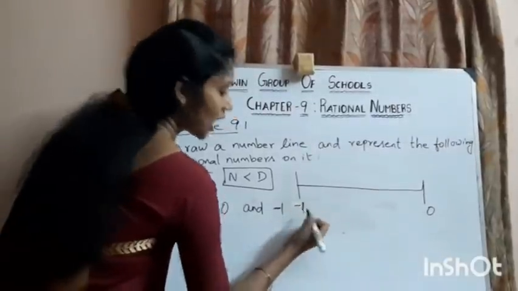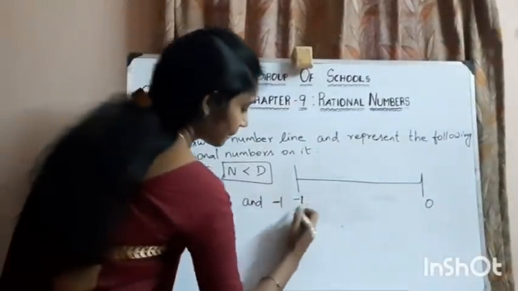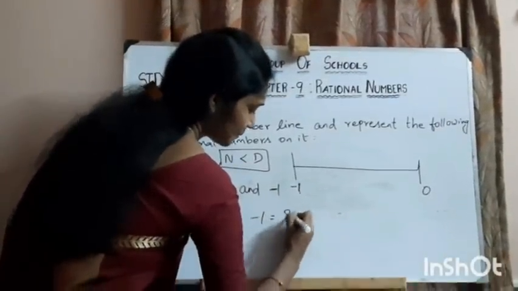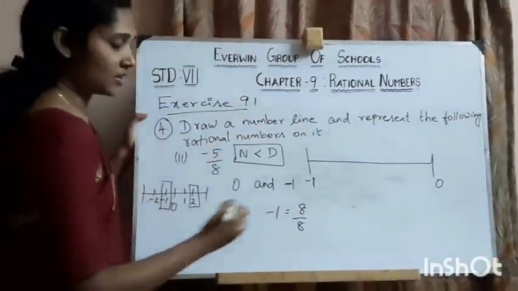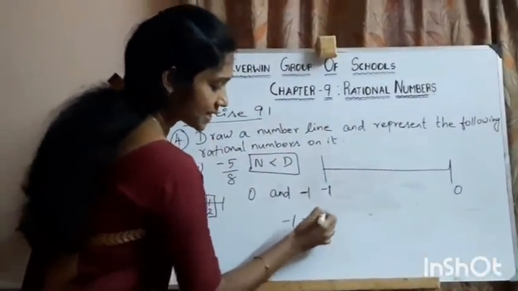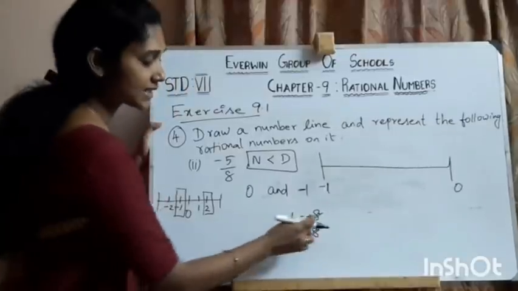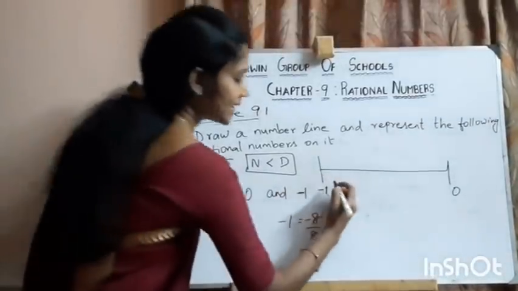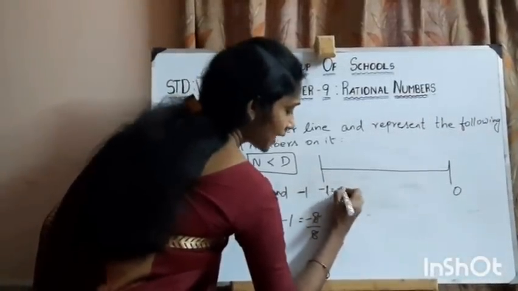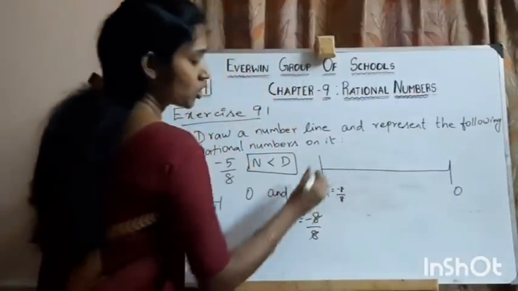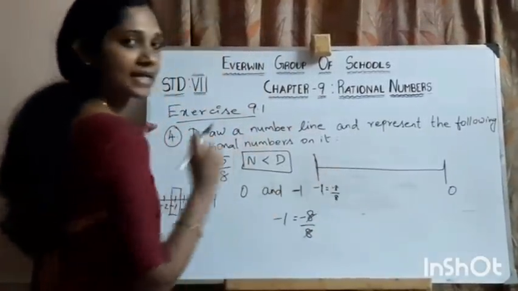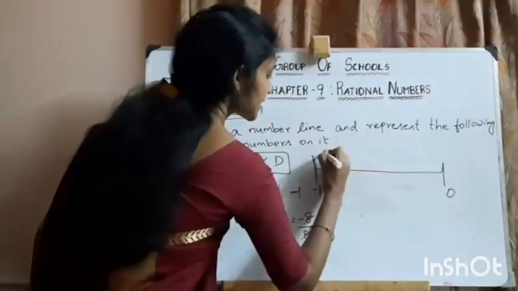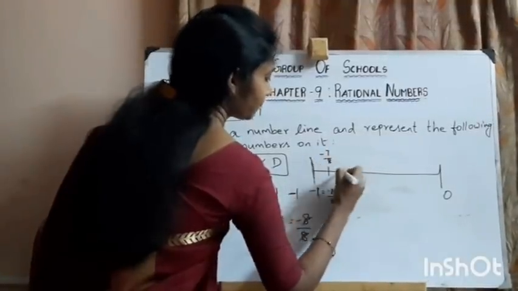So minus 1, how can you write minus 1? Minus 1 is nothing but minus 8 by 8, correct? 8 and 8 get cancelled. That will be equal to minus 1. So minus 1 can be written as minus 8 by 8. So this point is minus 8 by 8. Next is minus 7 by 8.